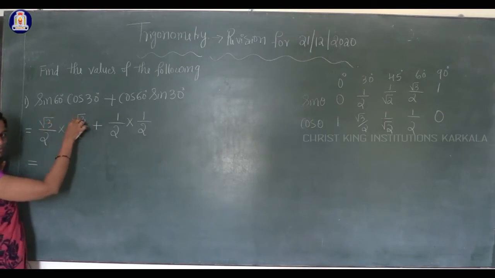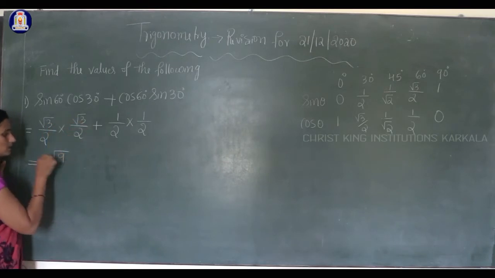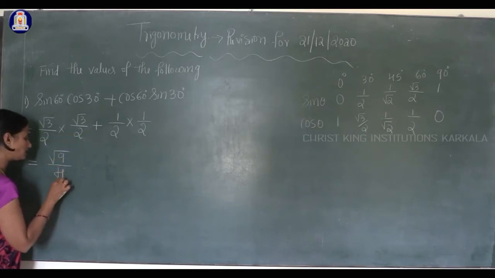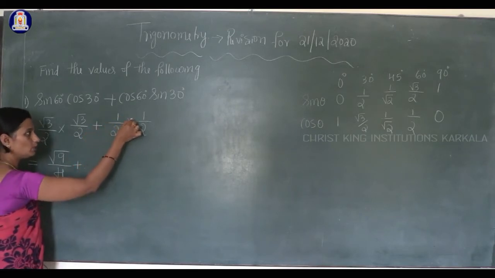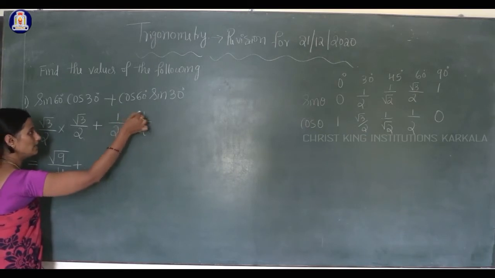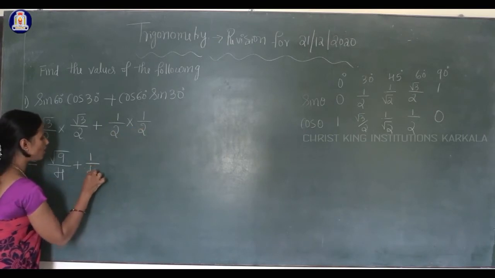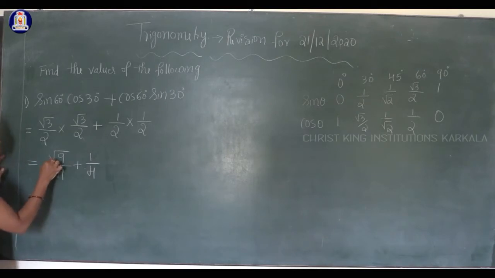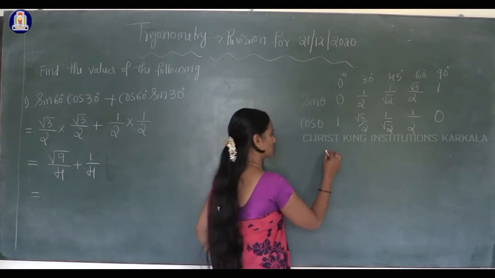Root 3 into root 3 is 3, otherwise I will write 3 into 3 is root 9, divided by 2 into 2, which is 4, plus 1 by 2 into 1 by 2, which means multiplication of numbers. So 1 into 1 is 1 divided by 2 into 2, which is 4. Clear? Root 9 is a perfect square number.